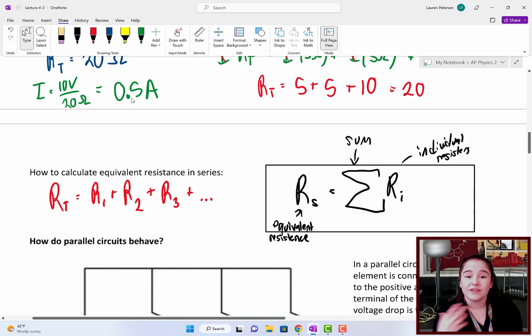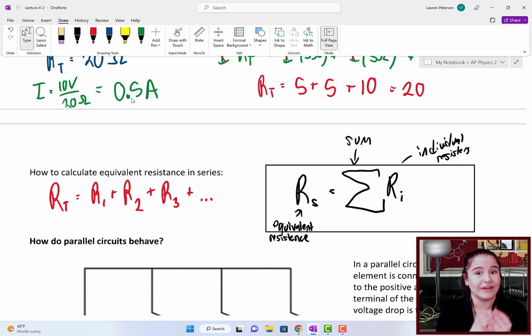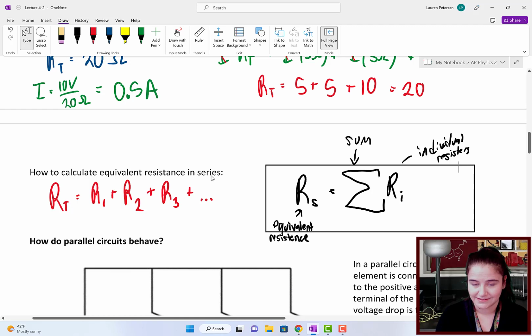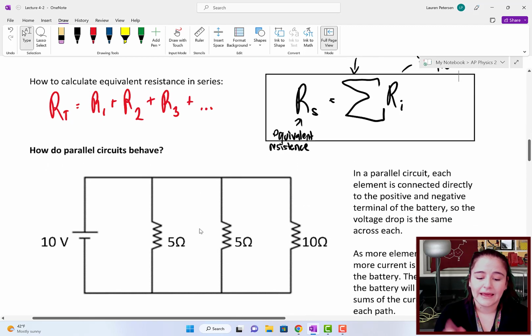The effect is that when we're in series and we keep adding resistors, we increase that total resistance. Parallel circuits are a little different.